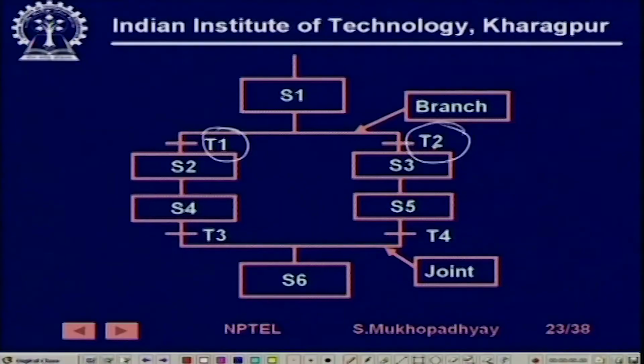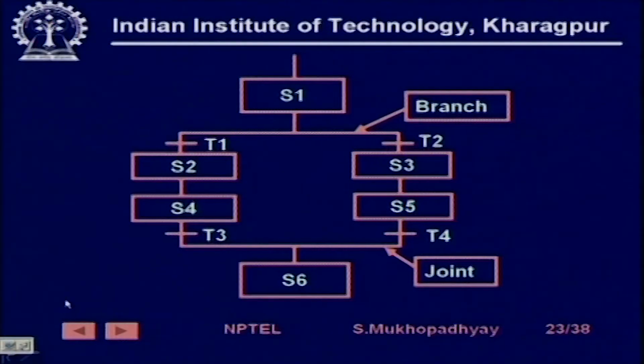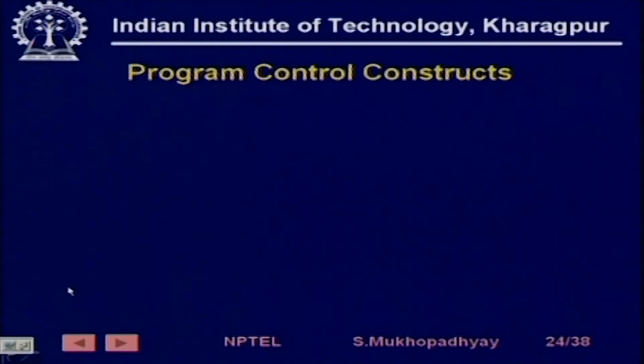If T1 and T2 both become true at the same time, then T1 is assumed to have taken place. So, that was a selective or alternative branch, that is, the system can either flow through this branch or through this branch, but not both of them simultaneously.